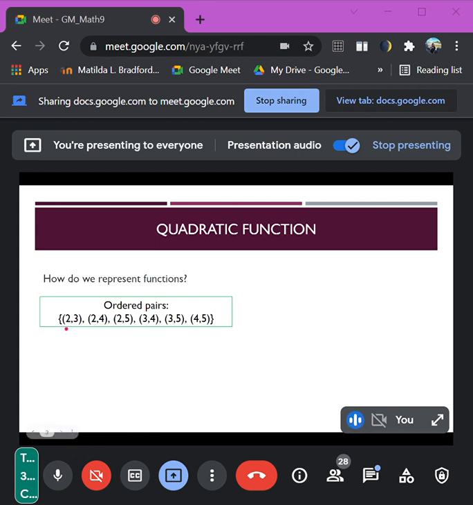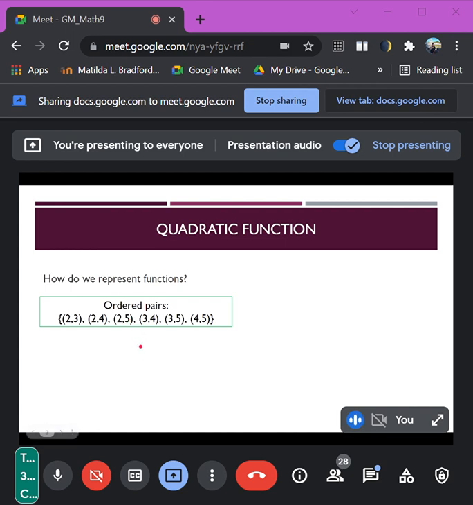So this is what we call the domain, class. Your first coordinate is the domain. This is the domain, this domain, this domain, this domain. Okay? But this one is not a quadratic function because 2, 2, 2 repeats. That is not allowed. Okay?